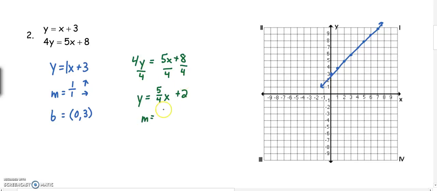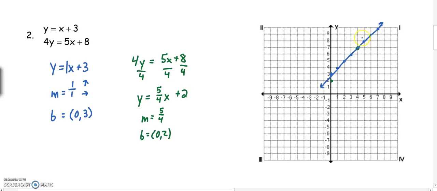So my slope in this case is up 5 over 4. And my y-intercept is 0, 2. So I'm going to start at 2 on the y-axis, and I'm going to go up 5 and over 4.